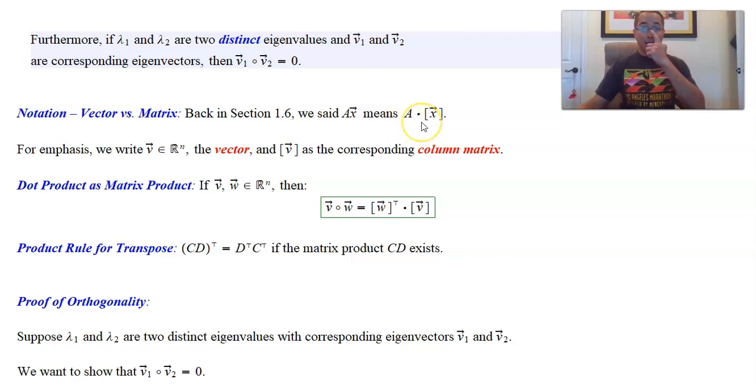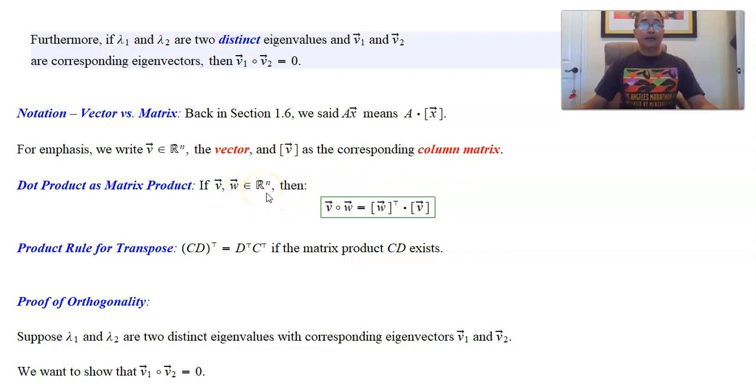And that's what we multiply to A. So V is the original vector from Rn, written horizontally, and V with brackets around it means the corresponding column matrix.